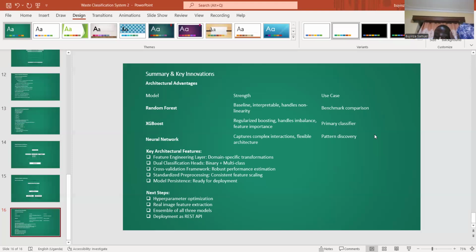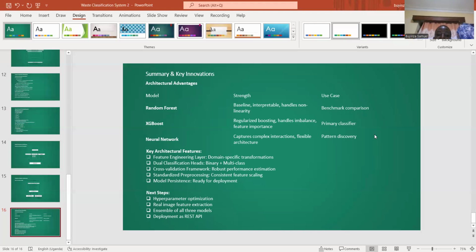Lastly, we have the model persistence, which puts the model ready for deployment.